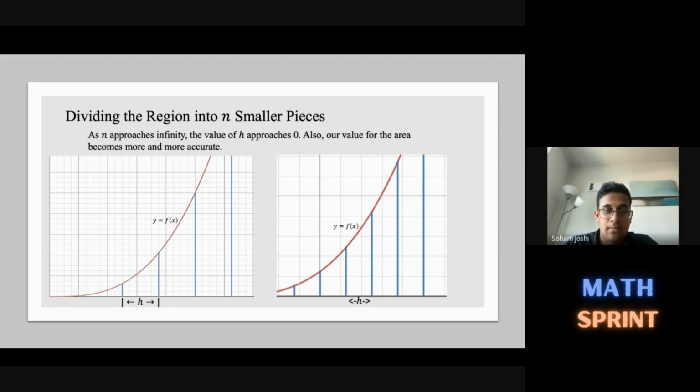You can see that in the left image, when we have a smaller value of n, h is larger. But in the right image, when we have a larger value of n, h is smaller. So as h decreases and approaches 0, the better part is the approximation of the area becomes more and more accurate.